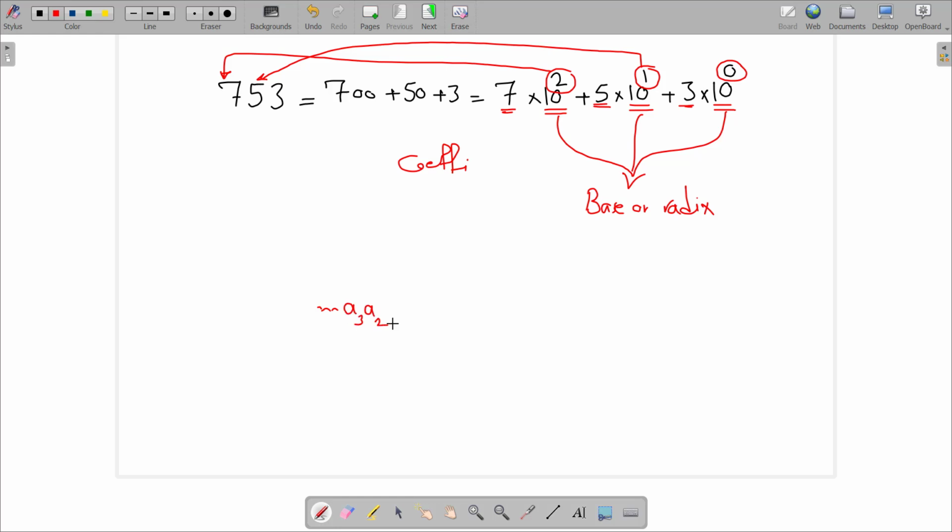A3, A2, A1, and if we have a fraction part, A minus 1, A minus 2, A minus 3, etc. Here we have to write the base R, because different numbers can be represented in the same form, and that is a problem if we don't write the R. So if I expand this general form, I can say plus A3 multiplying by R to the power of 3.